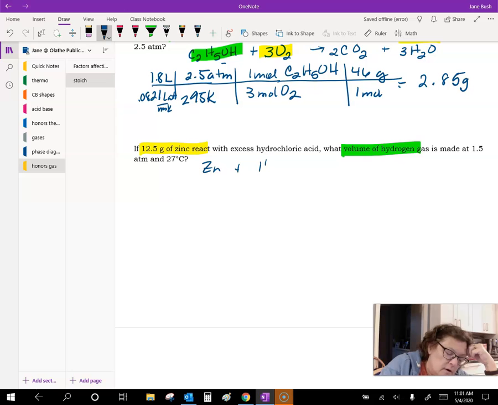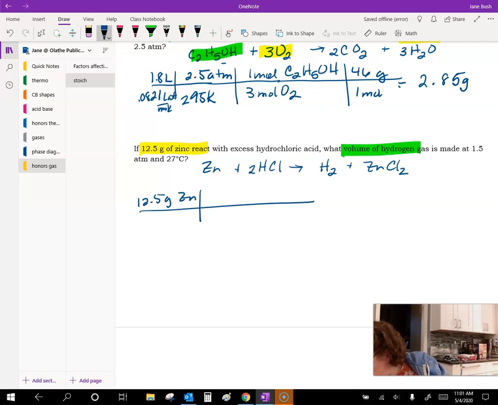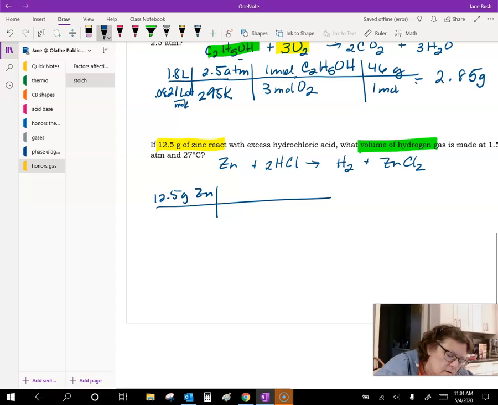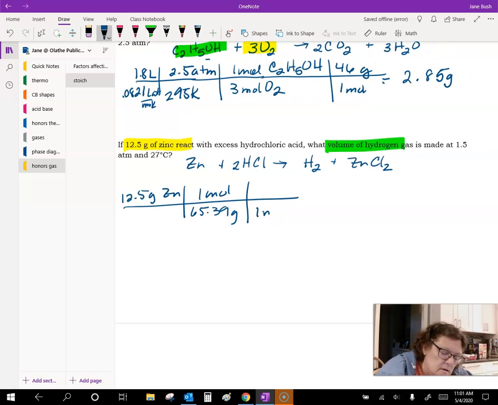Zinc plus hydrochloric acid gives us hydrogen gas and zinc chloride. We need a 2 here. We're starting with 12.5 grams of zinc. To change that to moles, find my periodic table. It's 65.39. Our ratio of zinc to hydrogen is 1:1.